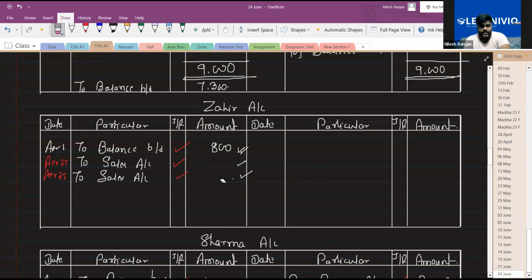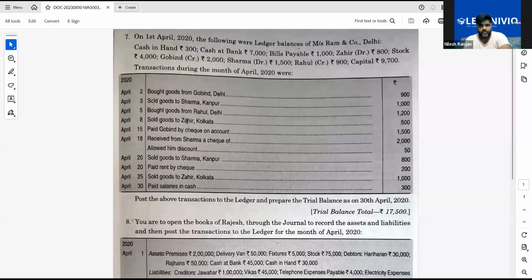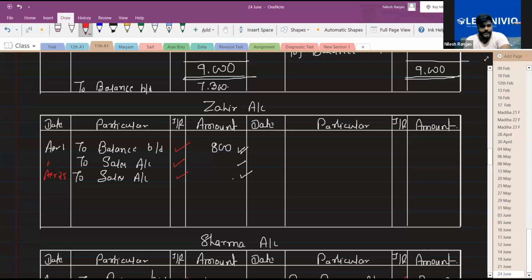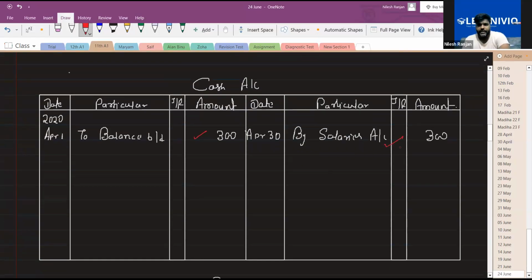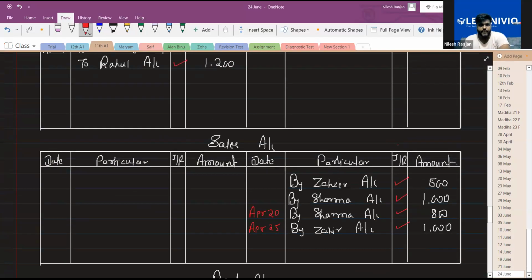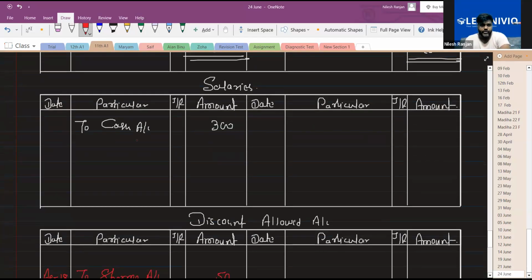Let me make it clear. First is to sales, Jahir 500, April 8, 500, and on April it is 1,000. Okay. Paid salary in cash. So in cash account, it will be by salary, and in salary account, it will be to cash. To cash, April 30.